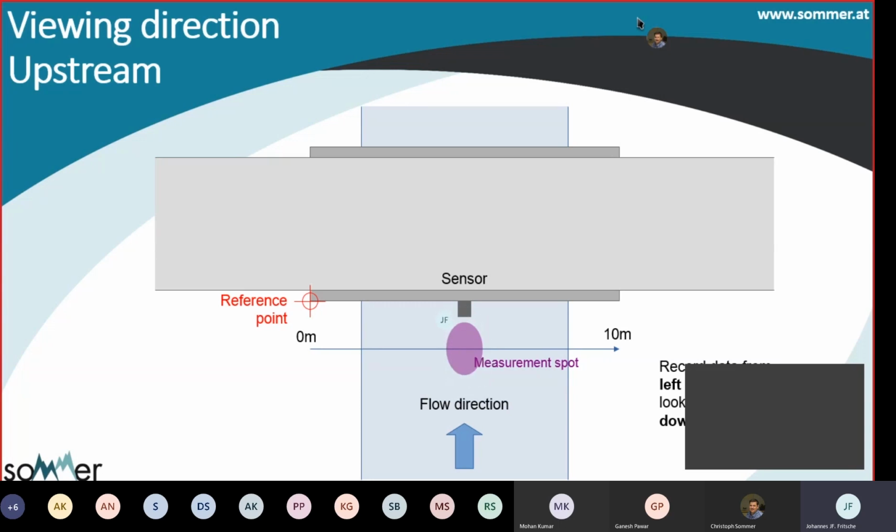And depending on the height of the bridge, this point will be smaller or higher. So if the bridge is high up, then this point will walk outwards.